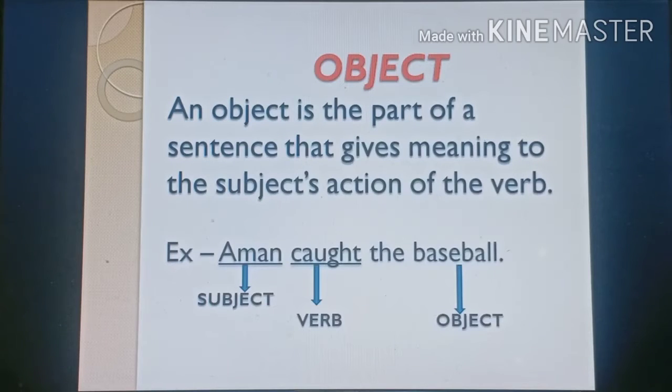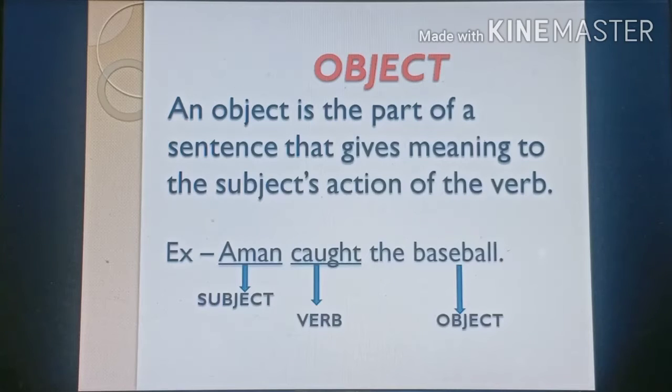Object. An object is a part of a sentence that gives meaning to the subject's action of the verb. So now you all know what a subject and a verb are. So what's an object? It is the part of a sentence that gives meaning to the subject's action of the verb. Just have a look at an example. Aman caught the baseball.